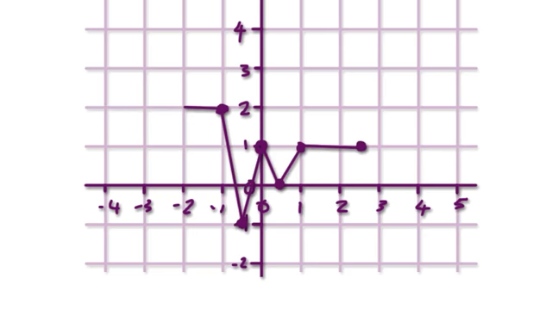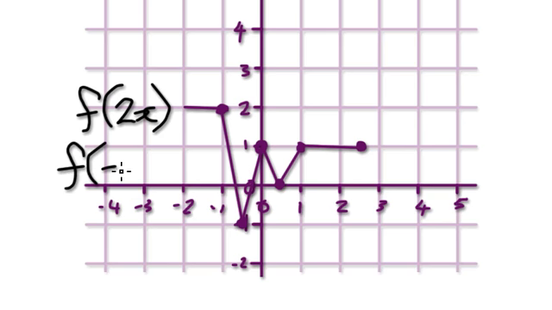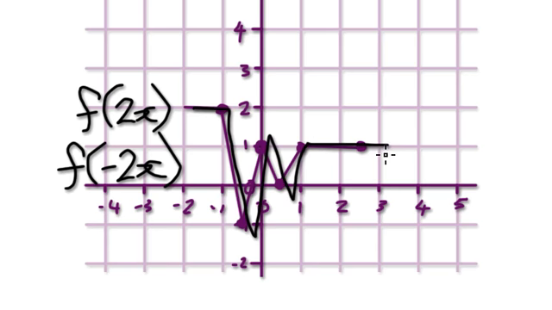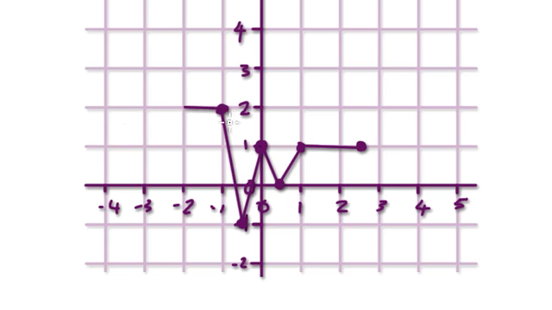So us squeezing it, this so far is f of 2x. Now we want to get to f of negative 2x. So we're going to reflect this new function here. What you have at the moment is f of 2x.